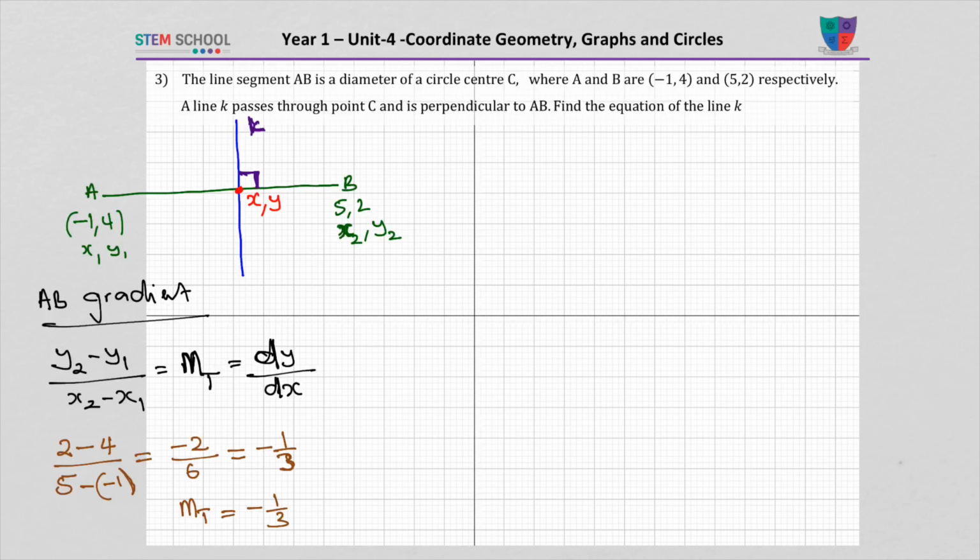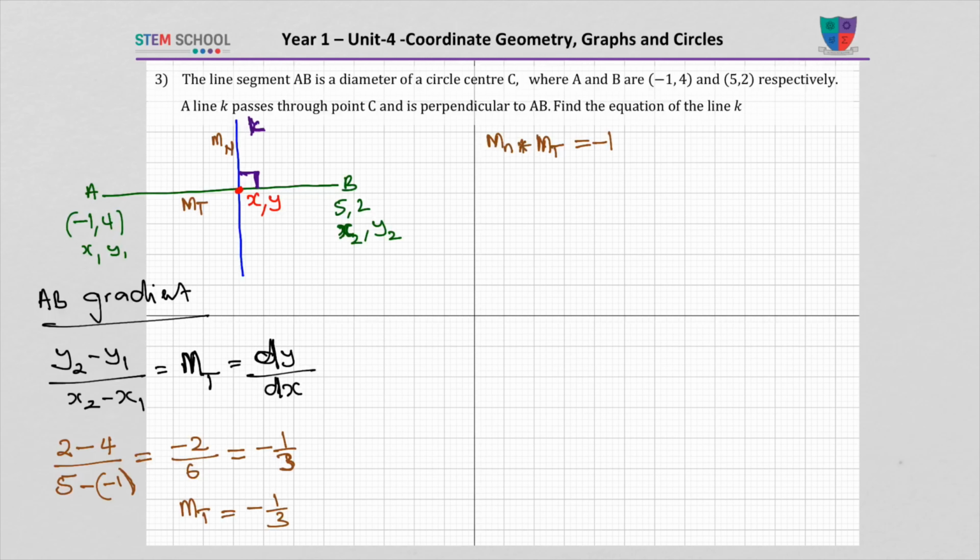The relationship between the perpendicular gradient MN, that's the normal, and the tangent MT is MN times MT equals -1.